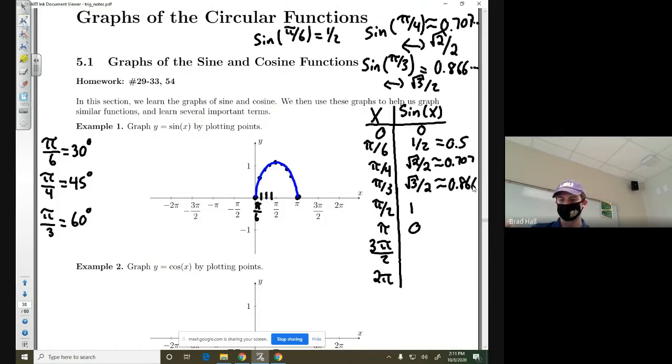And we can further go on to consider sine of 3 pi over 2, which is -1, and sine of 2 pi, which is 0. So the shape of sine continues in that same arc-like motion.